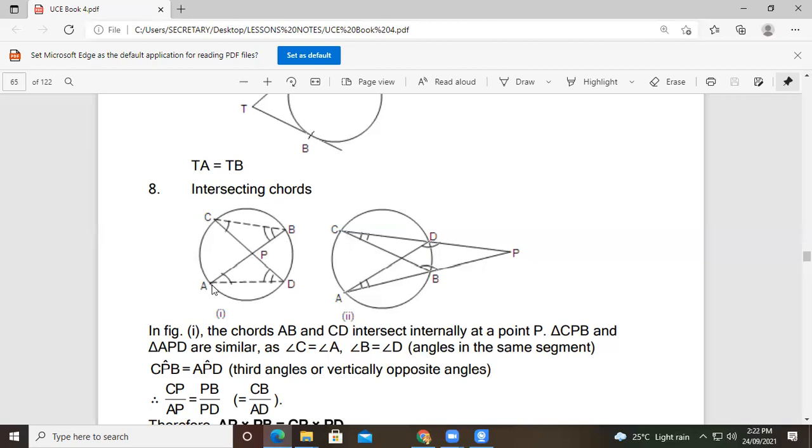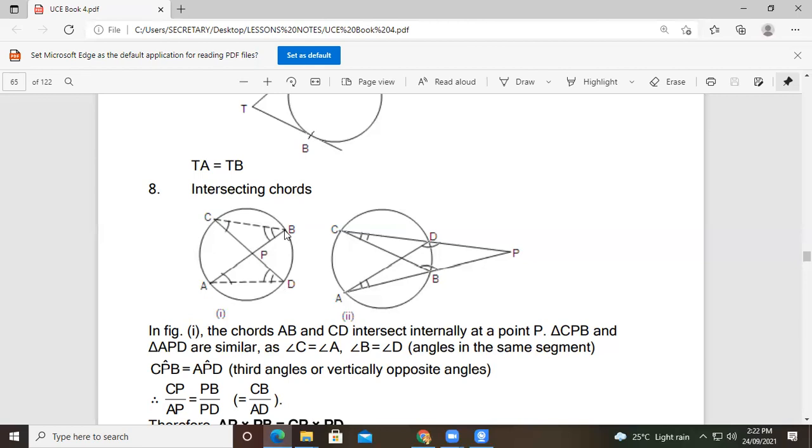But you should know the main chords that are intersecting are AB and CD, meeting internally at point P. They form two triangles, triangle APD and triangle CPB. Those two triangles are similar.